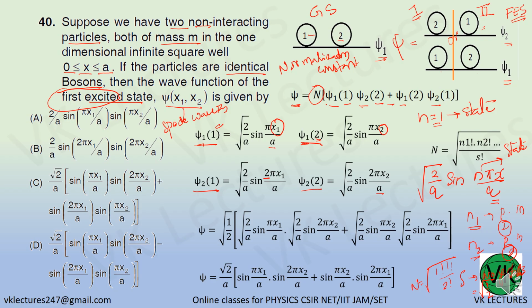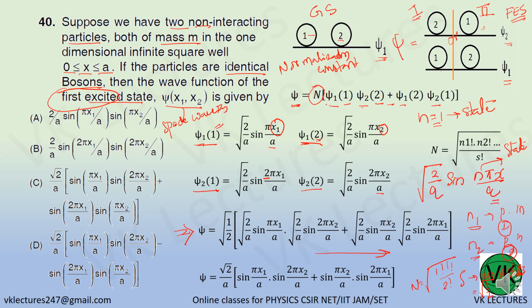Okay, so we have all the values. N is also ready. Just substitute the values of N, psi 1 of 1, psi 2 of 2, psi 1 of 2 and psi 2 of 1. You will get something like this. Just take out under root 2 by a into under root 2 by a, which is nothing but 2 by a.